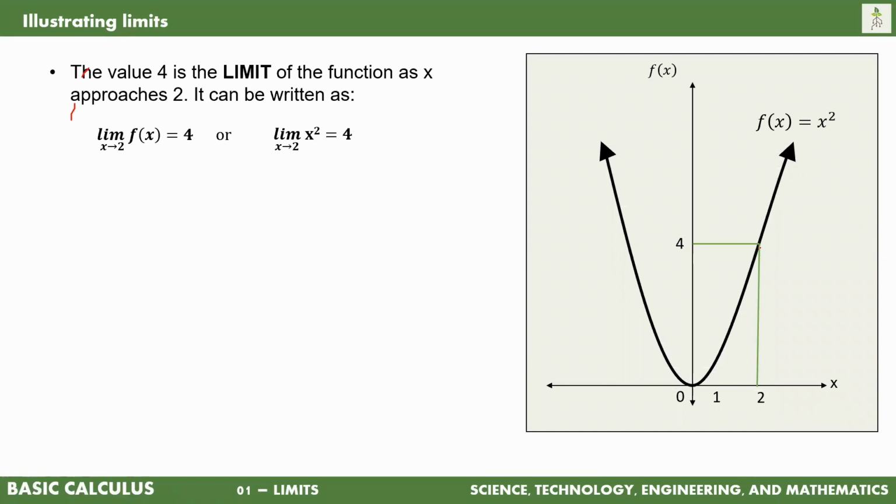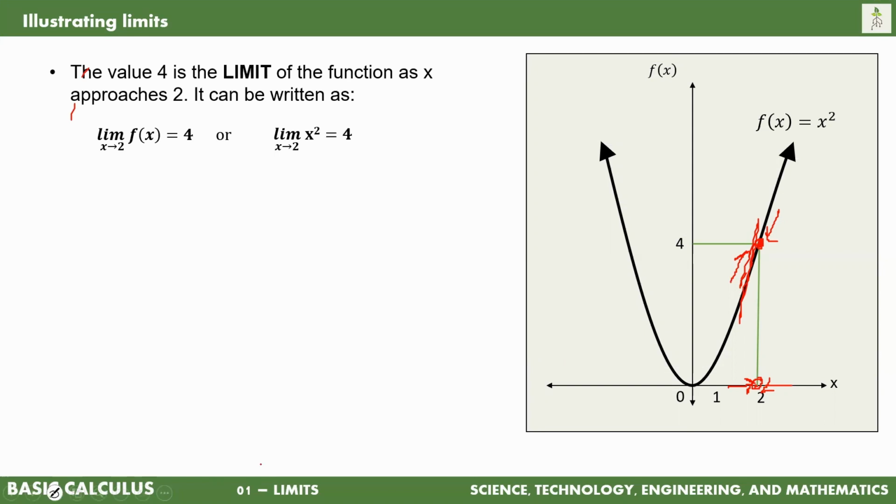This is the graph itself. Now, this value of x, this is the 2. As you bring it closer, you are concerned with what happens here. As you bring it closer, your f of x also gets closer and closer to this. From the right side, it also gets closer and closer. So, we can say that the limit of f of x is equal to 4.